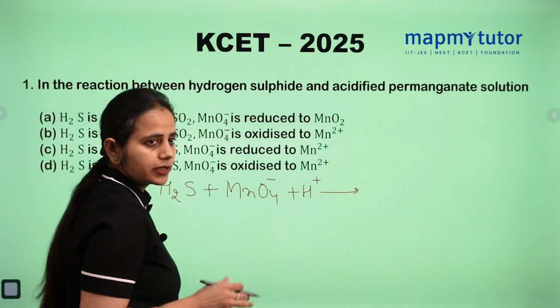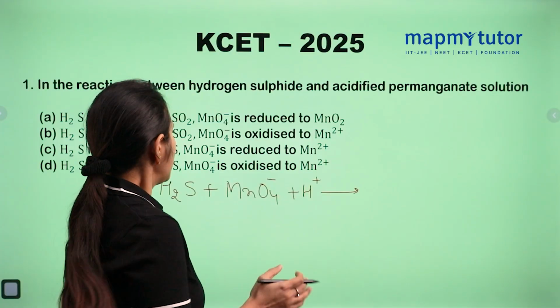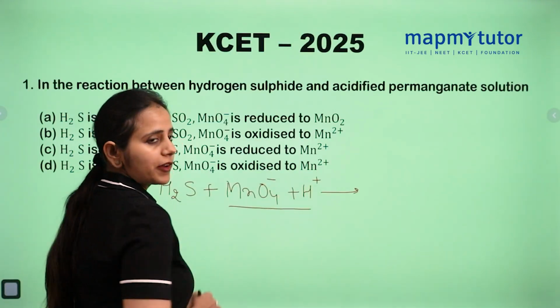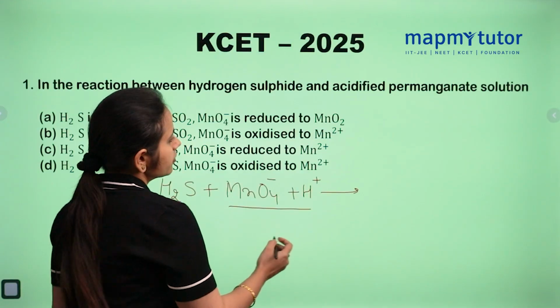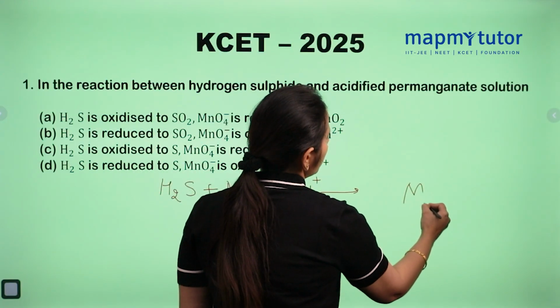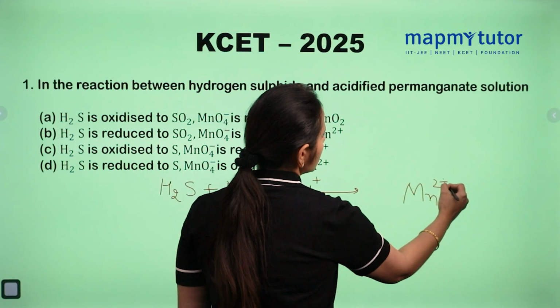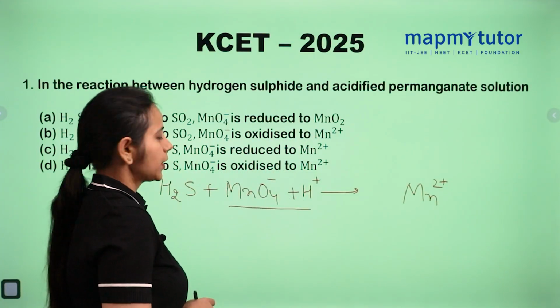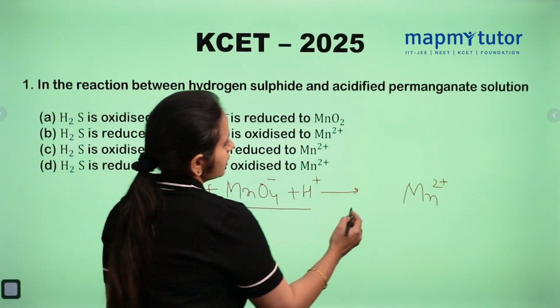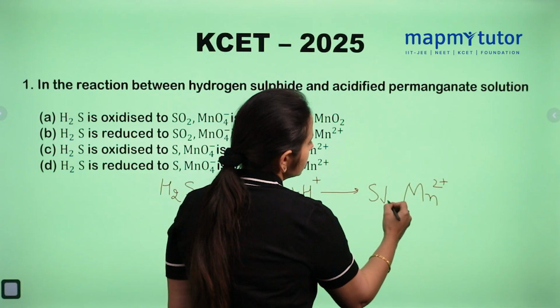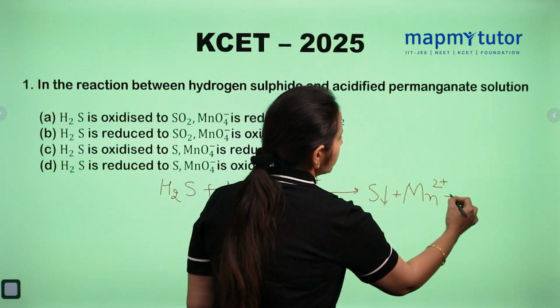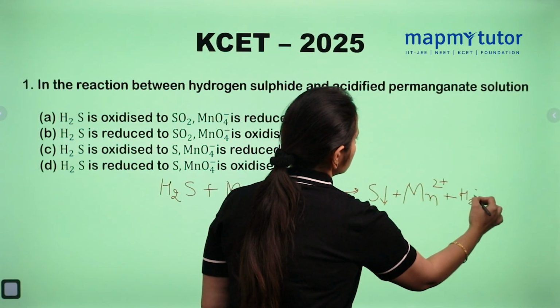What will happen? See, the trick is whenever permanganate is in the presence of acidic medium, it will always reduce to manganese 2 positive. And in H2S, the sulfur is going into its elemental state, and water will form along with this.